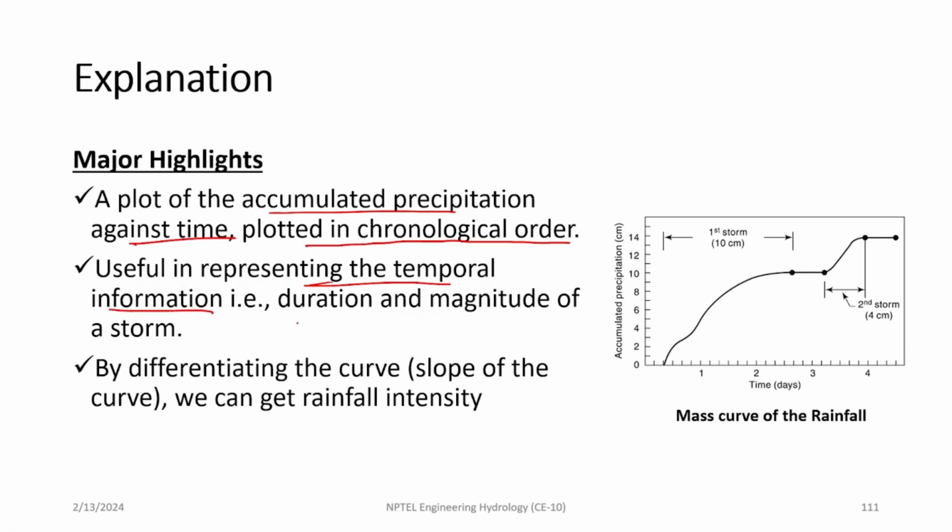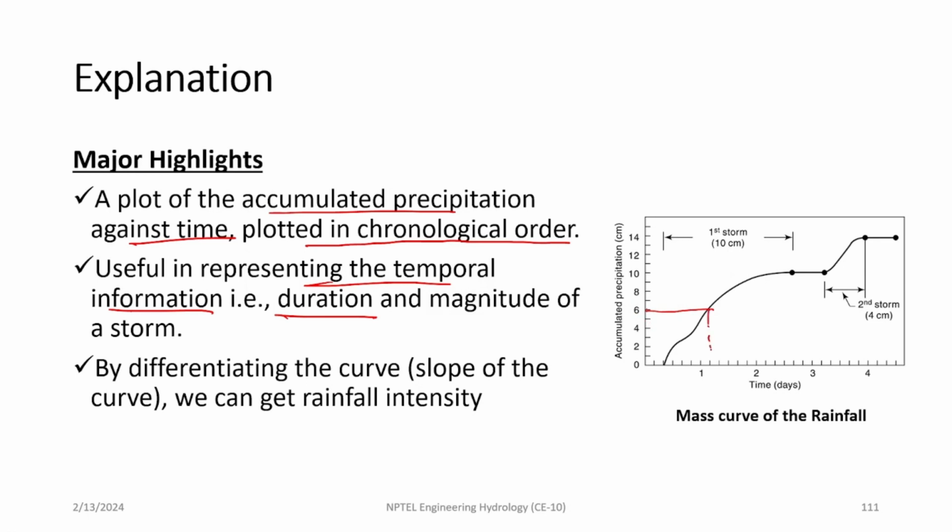Temporal in the sense that we want to know the duration. If 7 centimeter of rainfall has occurred in the region, we want to know the duration of it. We can get this from the graph itself: if we project this point, we are concerned with the 6 centimeter of rainfall.